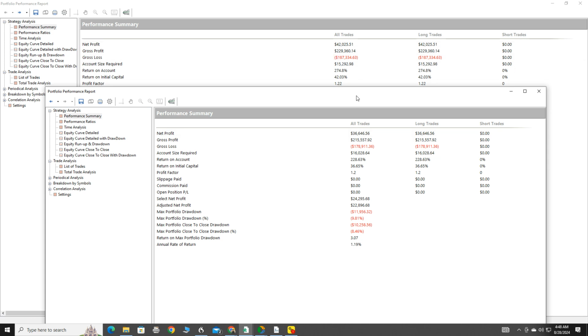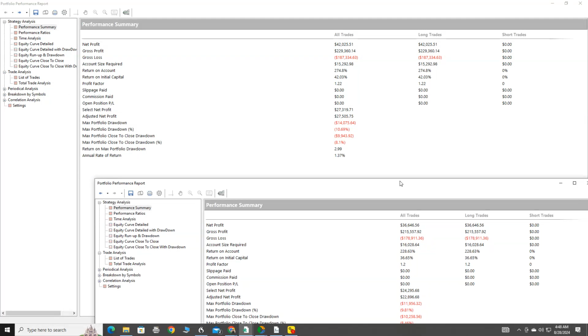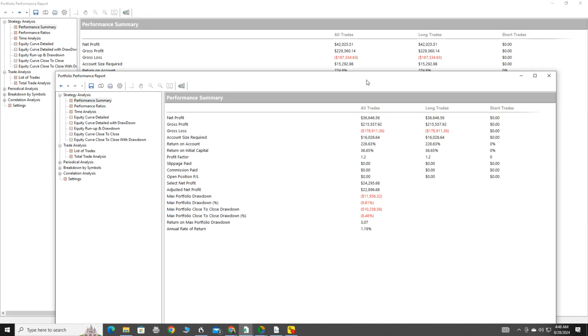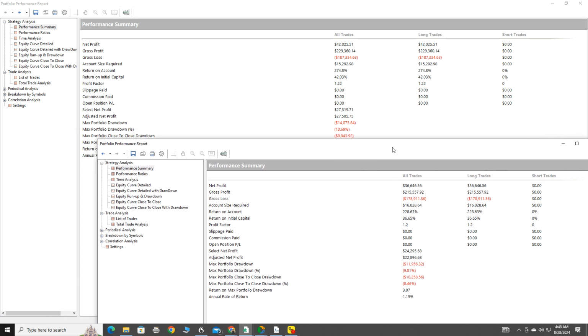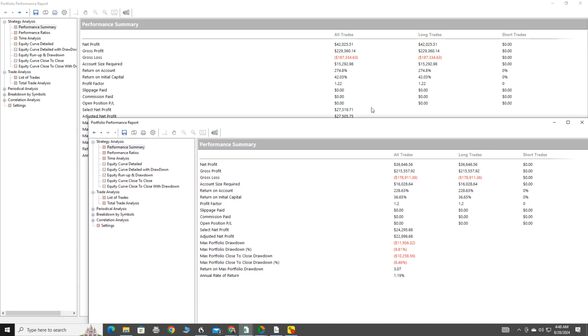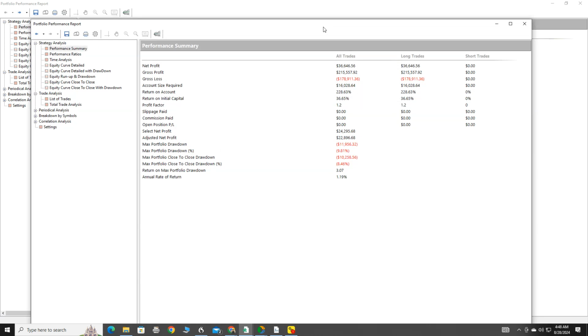It's a very nice concept to enhance your portfolio. And you see the drawdown, 10.69 versus 9.81. It didn't really affect your drawdown and yet increased the portfolio performance. Very nice.